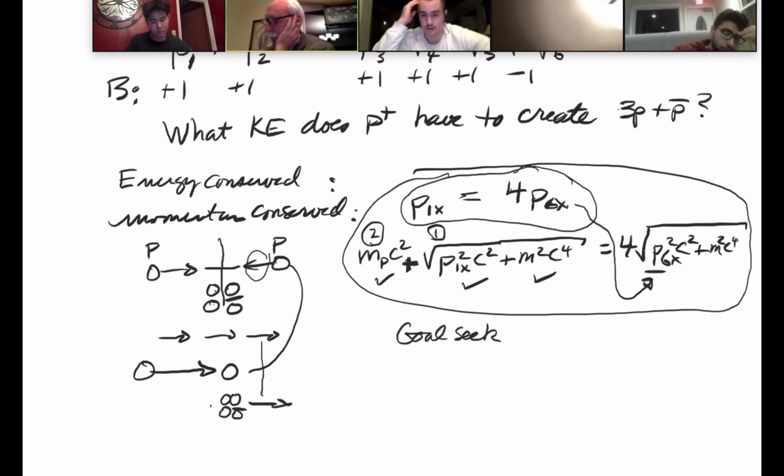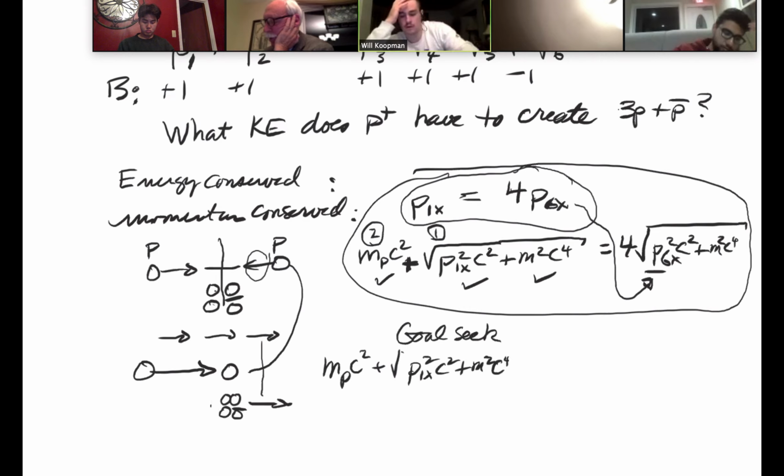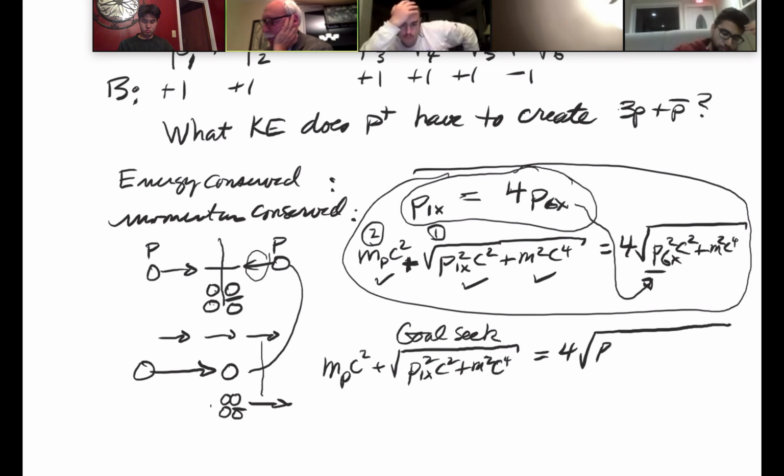You've got Mp plus the square root of m1x squared p squared is equal to 4 times the square root of p1x squared c squared over 16 plus m c to the fourth.